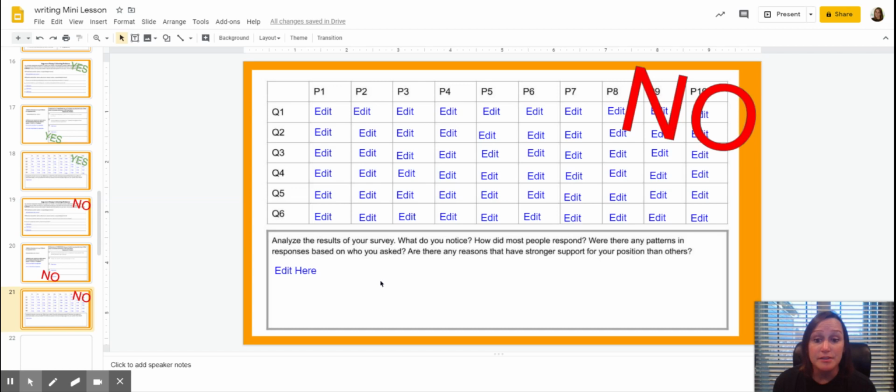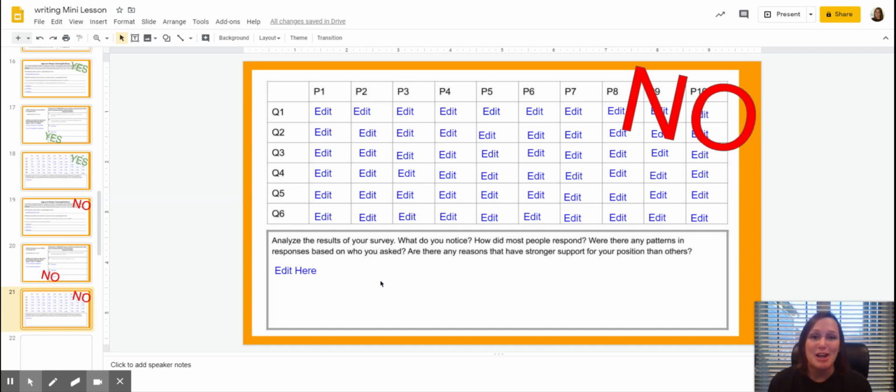Were there any patterns in the responses based on what you asked? Are there any reasons that have stronger support for your position than others? You're going to want to pull out the pieces of support or the questions that have the most support. And you're going to want to use those as part of your research or evidence to support your reasons for being in favor of zoos or against zoos.